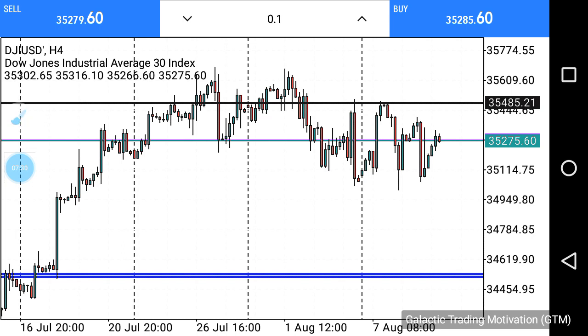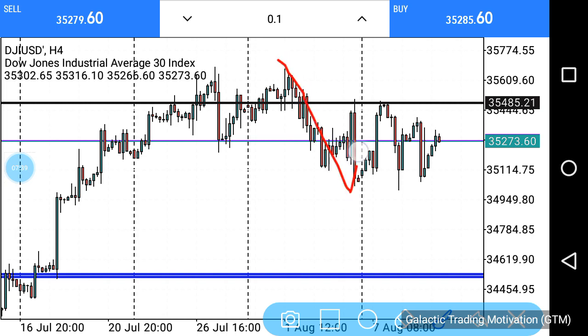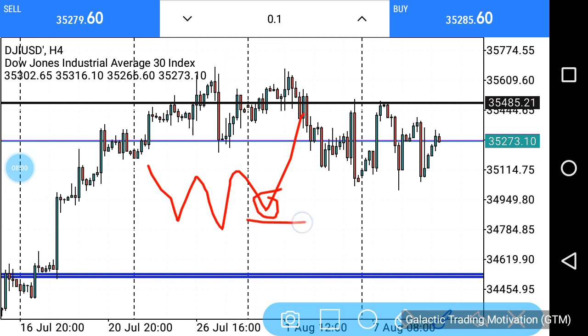On the H4 chart, as I said, guys, we're in a downward trending market, as you can see, but the market has actually given us what seems to be a very nice inverted head and shoulders pattern, with this side being the left shoulder, this being the head, and this point being the right hand shoulder. And remember also that whenever it comes to these inverted head and shoulder patterns, what normally happens is that a lot of traders and investors buy on that shoulder and place their stop losses here as well as here, right?